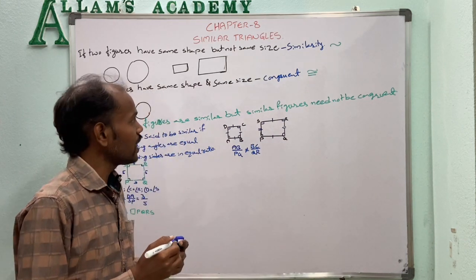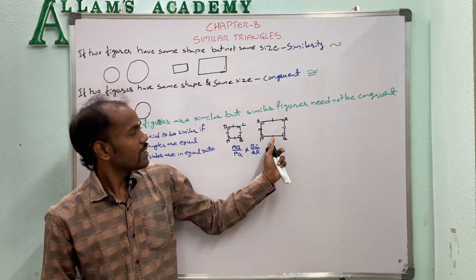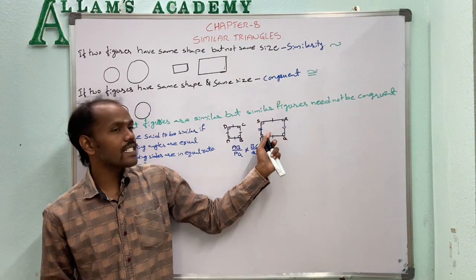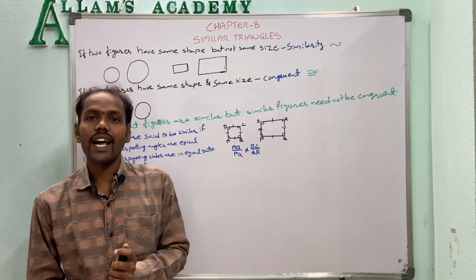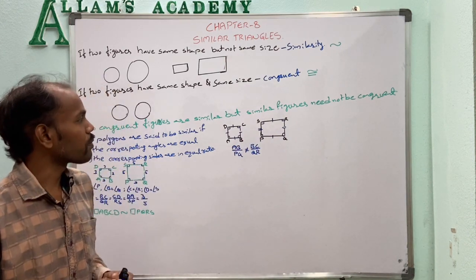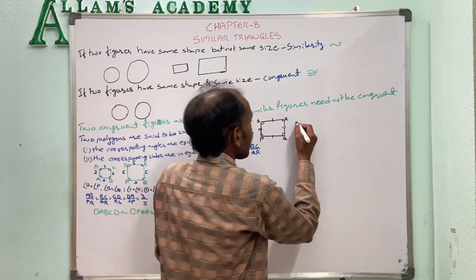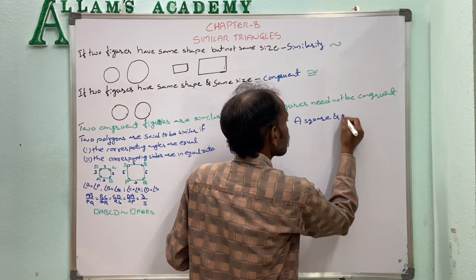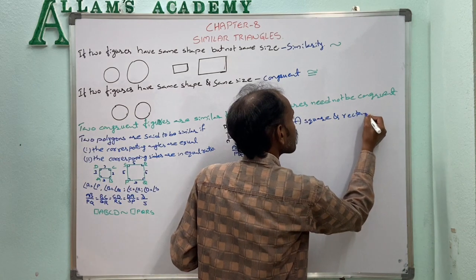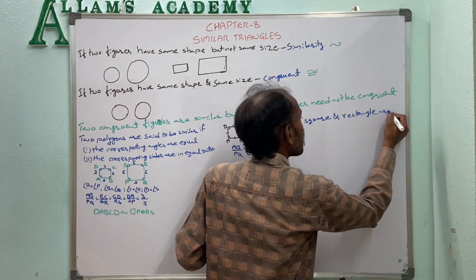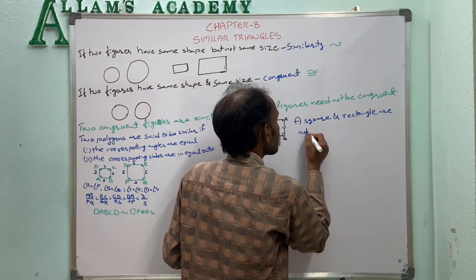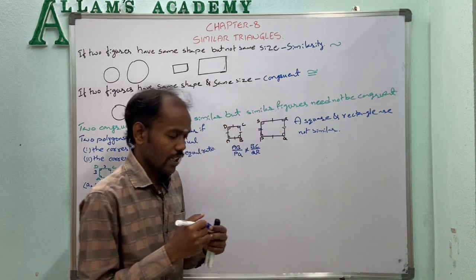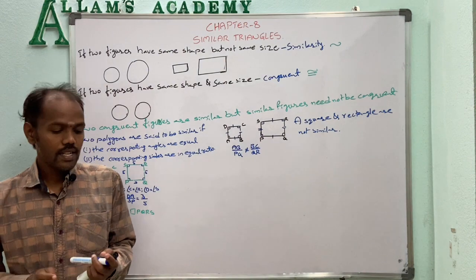Why? Because in a rectangle the adjacent lengths are not equal. So a square and a rectangle are not similar.